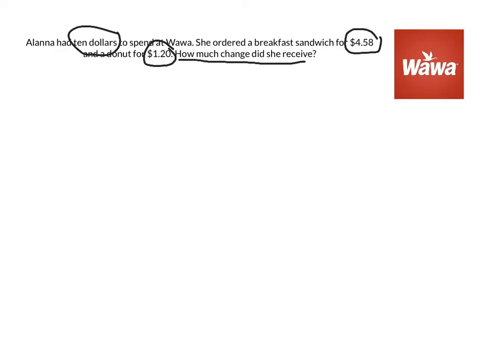So I know this is going to be a multi-step problem, and I have a couple different ways I can solve this. Number one, I can combine how much she spent, and subtract it from my $10. Or I can take my $10, take away the breakfast sandwich, and then the donut. I'm going to do both ways here. So I have 4.58, 4 and 58 hundredths, 1 and 20 hundredths.